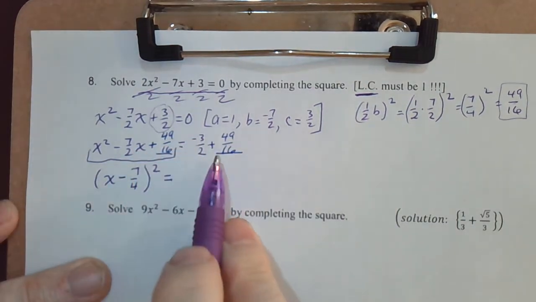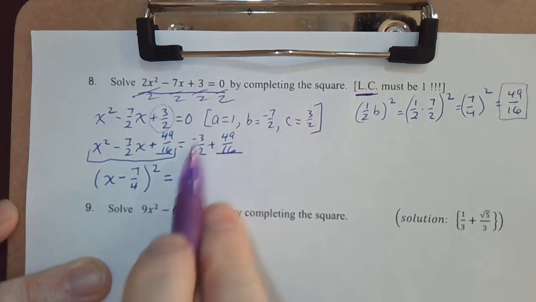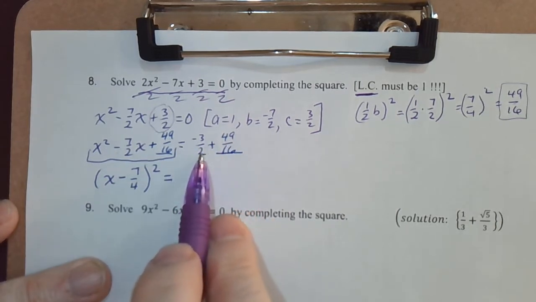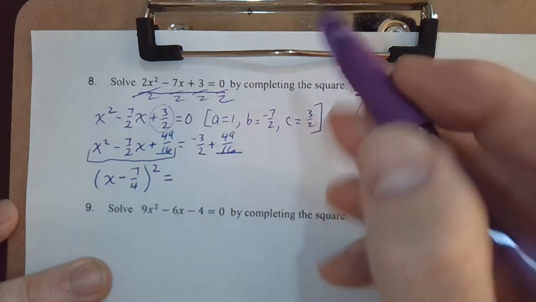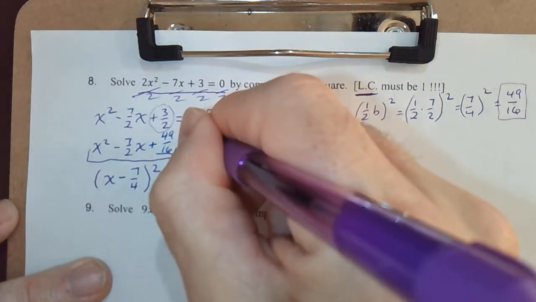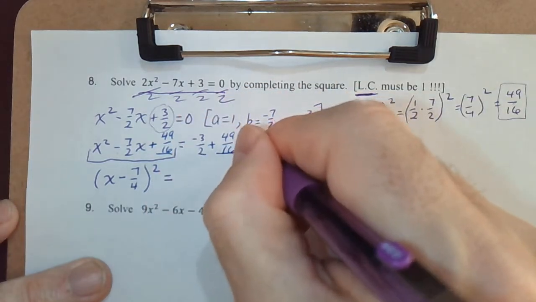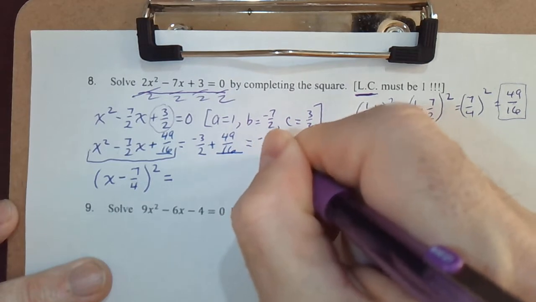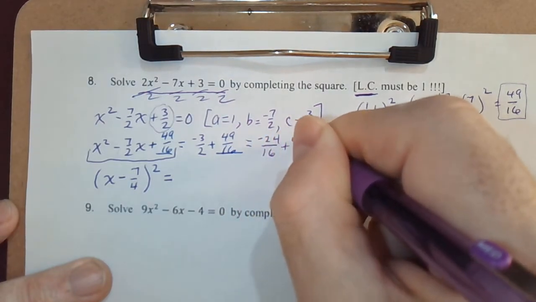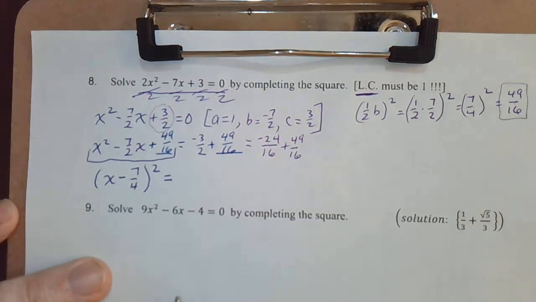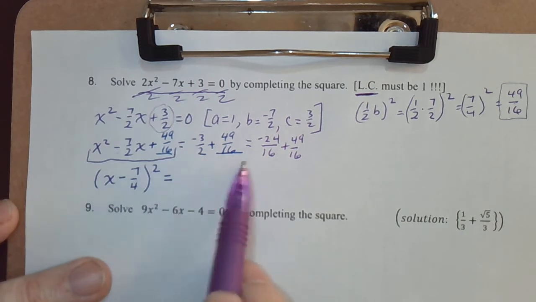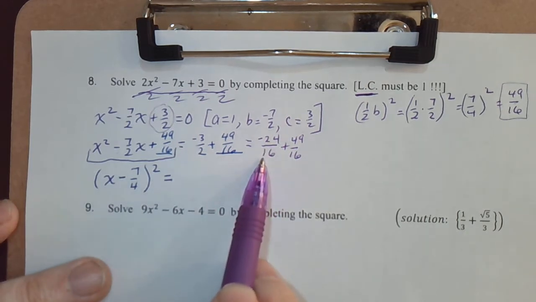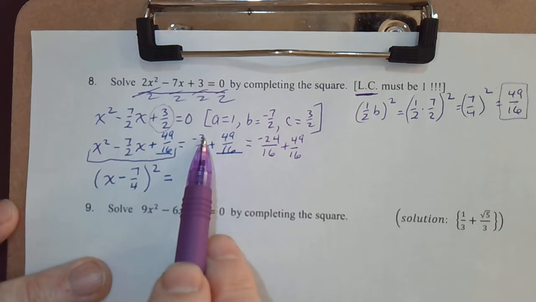And let's see, what is this equal to? I want to combine these two fractions together. Let's get a common denominator of 16. So I would need to multiply top and bottom here by 8. So it would be negative 24 over 16 plus 49 over 16. All I did is change negative 3 over 2 into negative 24 over 16 by multiplying by 8 over 8.